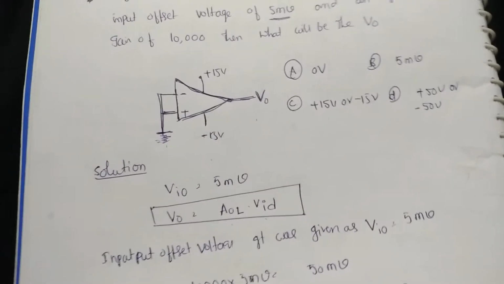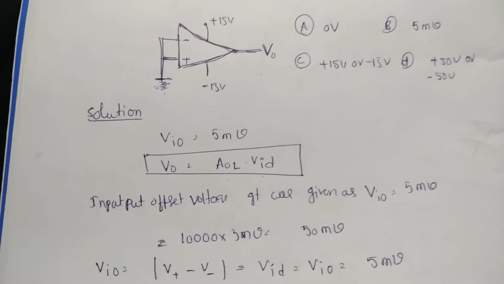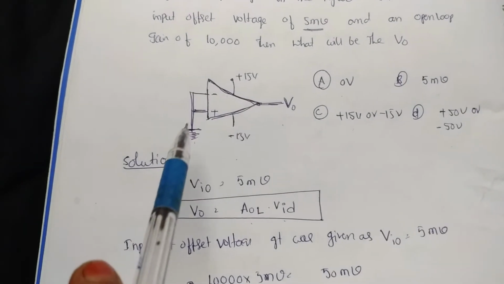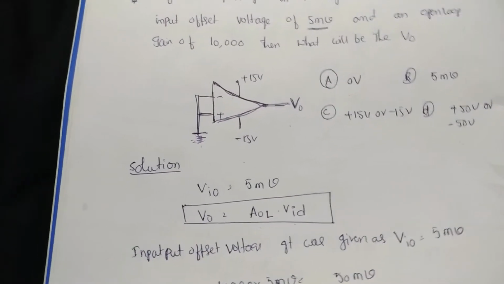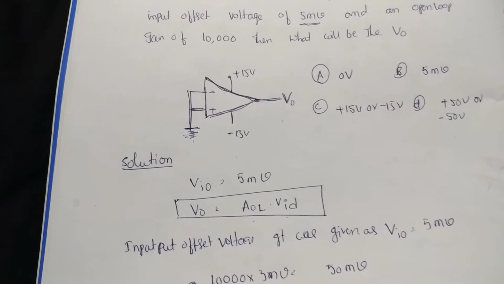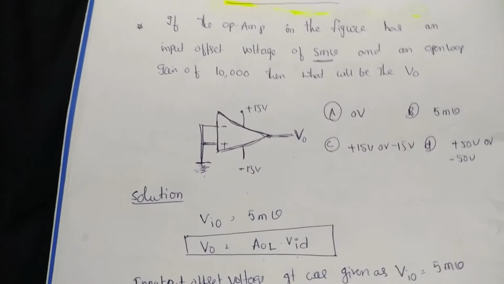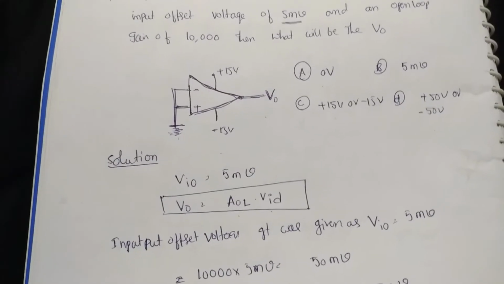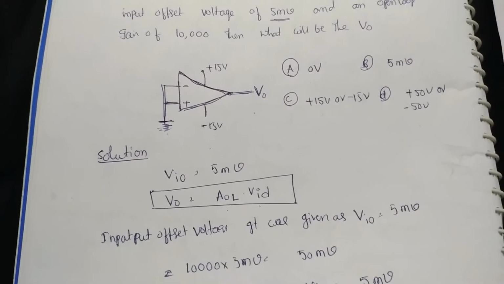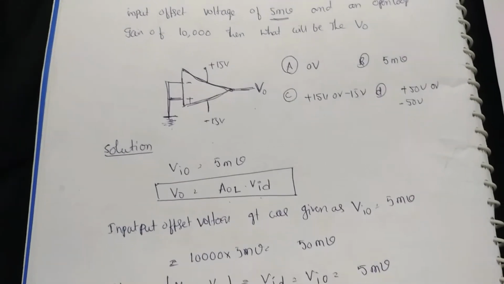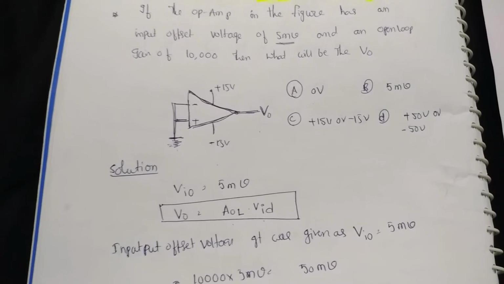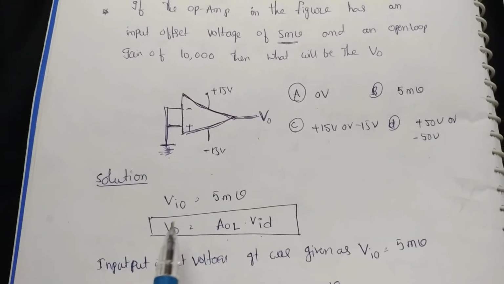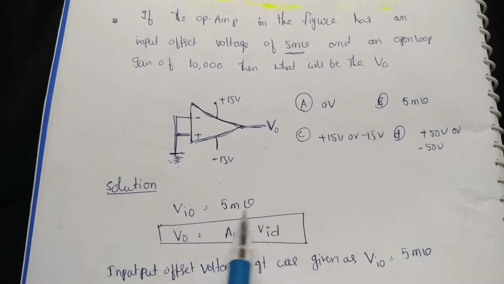What is meant by input offset voltage is that even though you are not connecting any input voltage across the inverting and non-inverting terminals, some input voltage appears across the operational amplifier due to the internal differential amplifier circuit and imbalance of the transistor differential amplifier configuration. Some voltage is present. That voltage we call the input offset voltage. So it was given as 5 millivolts.